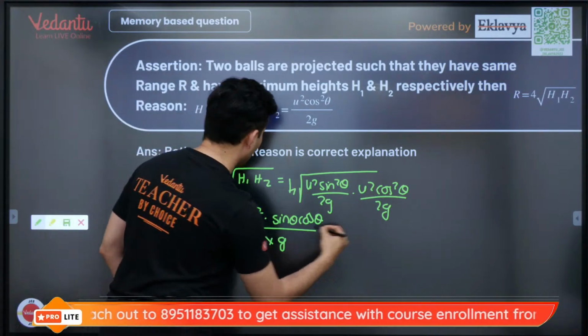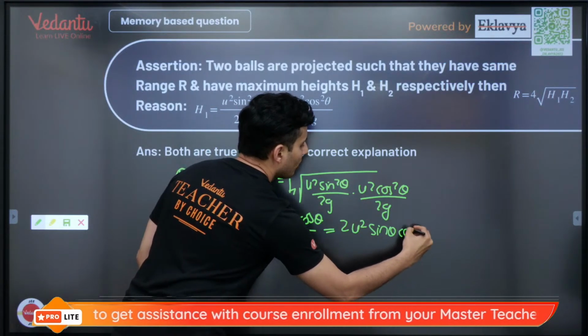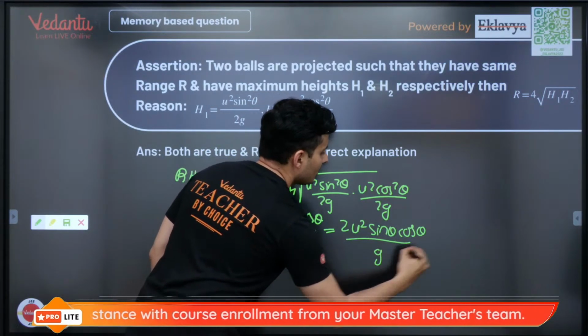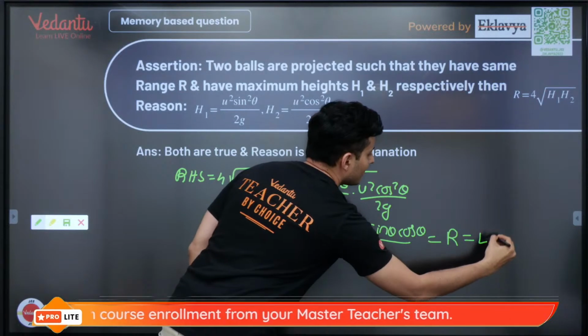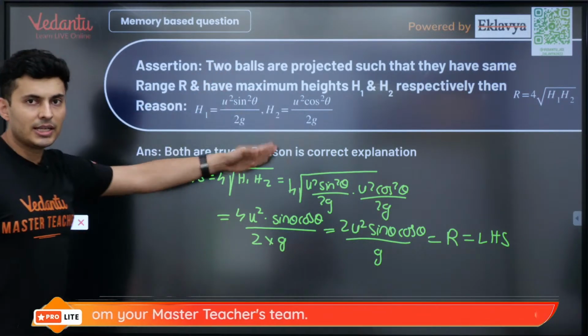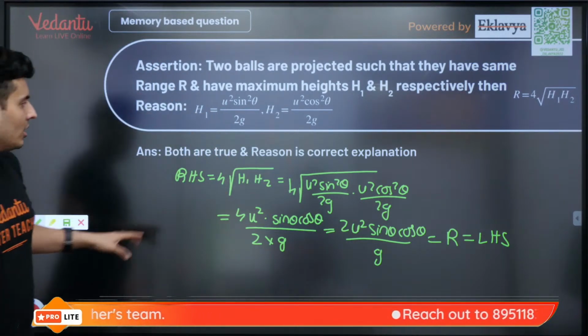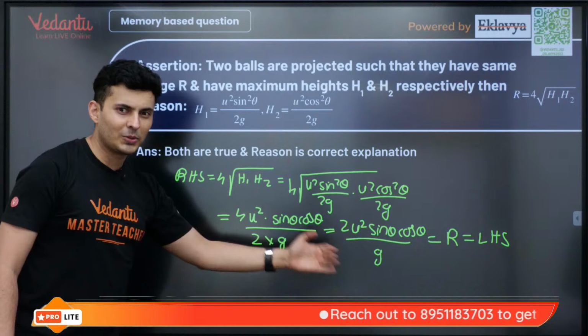So this will just become 2 u square sine theta cos theta by g. This is nothing but the formula of range, which is the LHS. Exactly. So this is true. Reasoning was also true. Hence both are true, and it's the correct explanation. That's all. So you can start from one side and go to the other side.